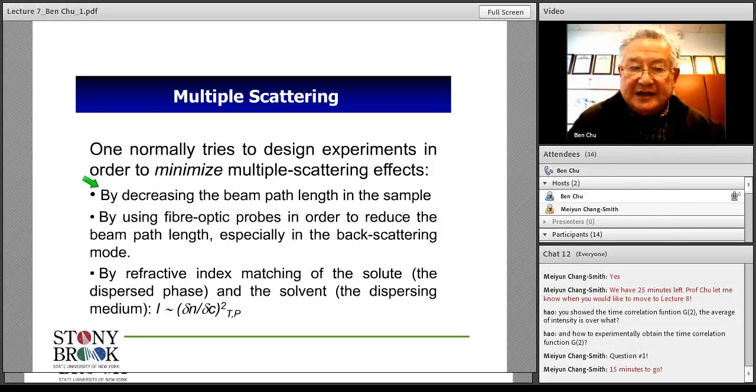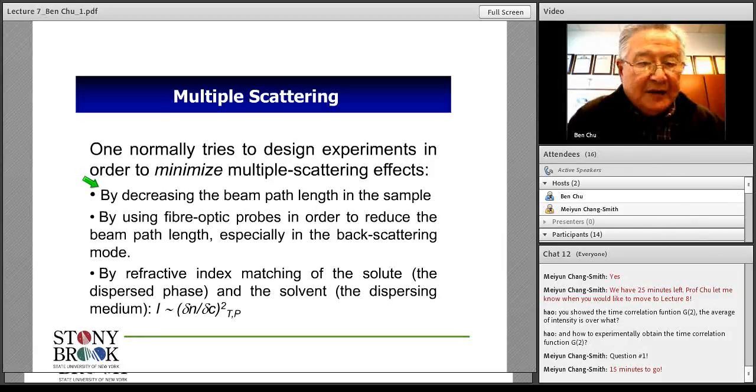You can decrease the beam path length in the sample, which means you can decrease the sample cell size. This is easier to do for light scattering. You have a big cylindrical cell, of a diameter of roughly 10 centimeters or even bigger, but in order to avoid multiple scattering, you can reduce the beam path by changing to a smaller sample. We have done that down to about 2 millimeters in a capillary. You can also do that in a flat cell, with a thickness of maybe 1 millimeter.